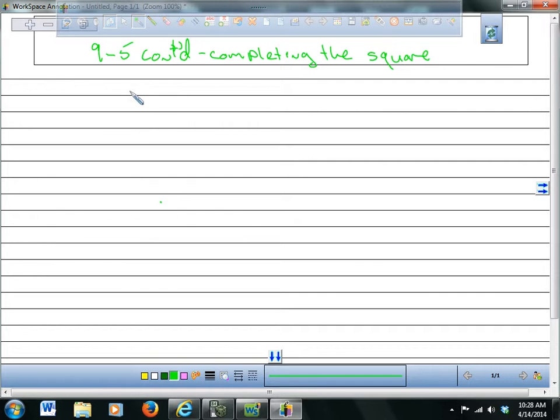Now, in a parabola, whenever you have an x squared term, if you have a parabola of the form y equals ax squared plus bx plus c, there's a way to convert this into something called vertex form.